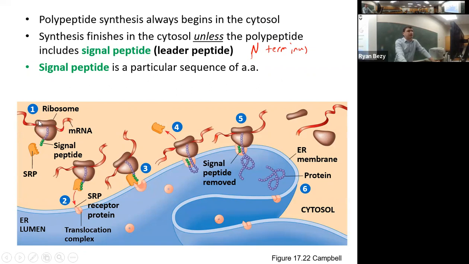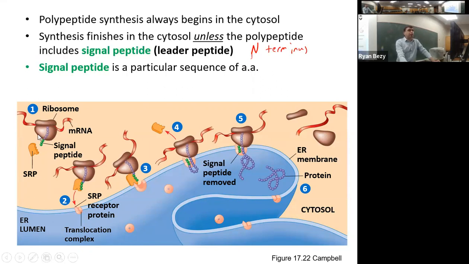So for instance, here's my ribosome bound to a messenger RNA in red. It's making a new protein. It just started, and these little spheres are supposed to be my amino acids. But the very beginning of this particular protein being made has a specific sequence of amino acids. That's my signal peptide, or a leader peptide as it's sometimes referred to.